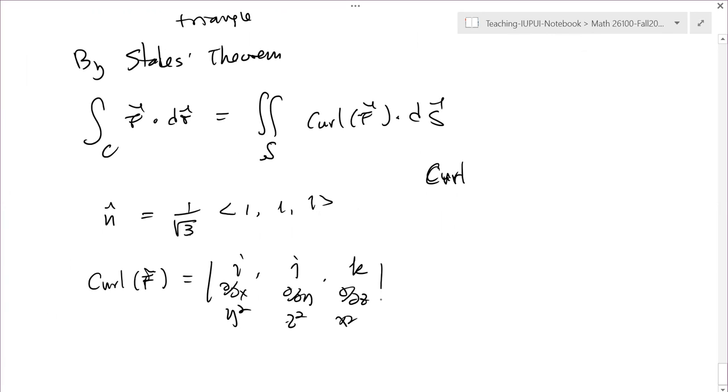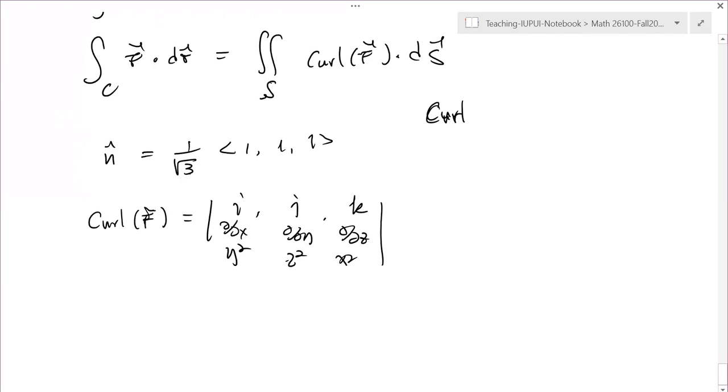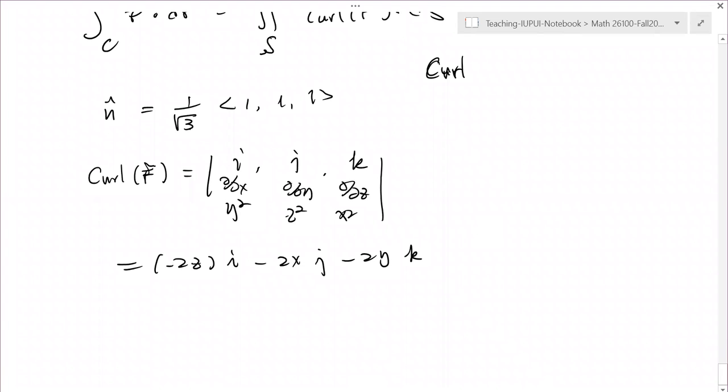Now this surface is a triangle, so the surface integral will probably be simple. Then you compute this, and what do you get here? You get negative 2z i minus 2x j minus 2y k.